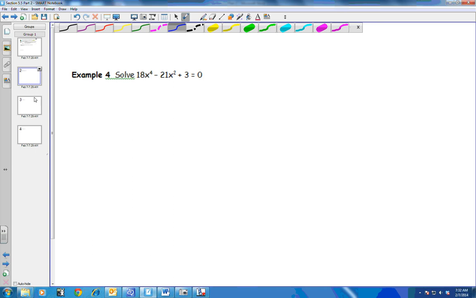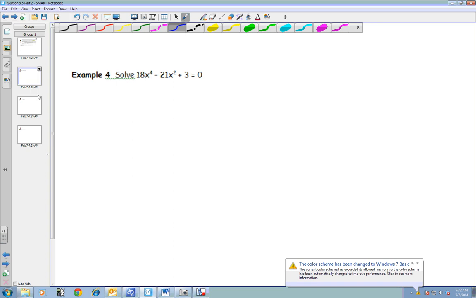So the things that we need to remember is if we have two terms, that's probably going to be the difference of cubes, or the sum of cubes, or the difference of squares. If I have 4 or more terms, then I know I'm probably going to have to factor by grouping. But if I just have 3 terms right here, this is a trinomial, then I can probably factor this using my box, just like we always have.